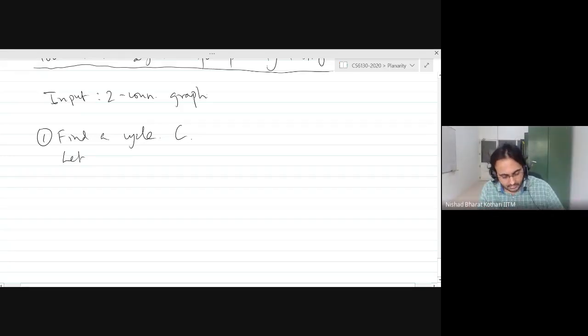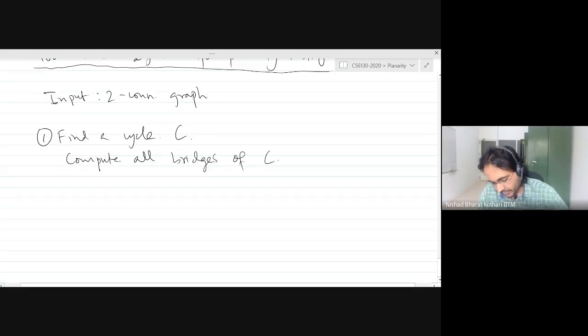Think about it. So find a cycle C and compute all bridges of C. Let's say the bridges are B1, B2, up to BR.